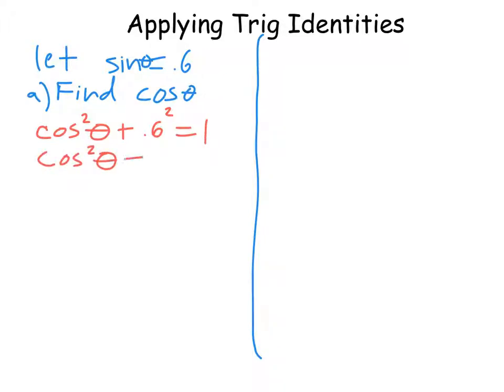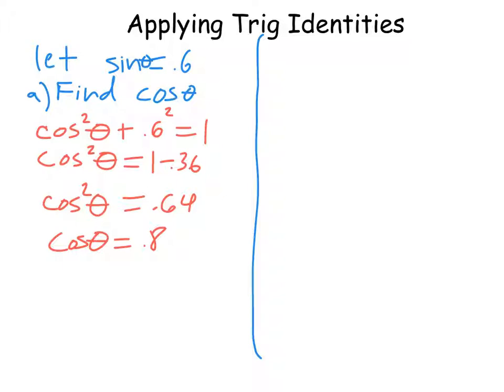Well, just doing a little bit of solving, I would get that this has to be 1 minus 0.36, because that's 0.6 squared. Cosine squared is 0.64. And then my missing cosine value is 0.8. Okay, notice no diagram. I just had a formula, plugged in some values that I knew, and I went ahead and solved. That's kind of the approach that you take with the identities.